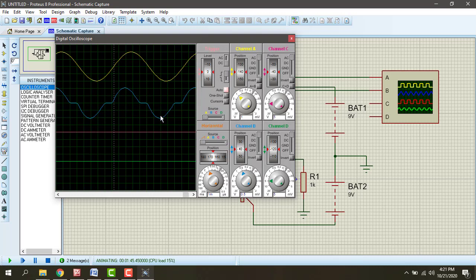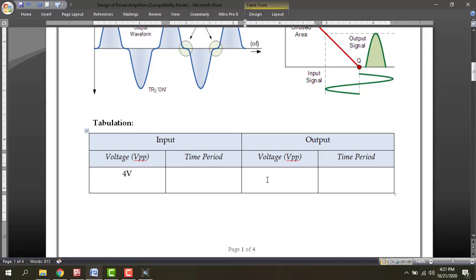So 2.1, 2.1, 4.2, and here the multiplier is 0.5 in channel B. So 4.2 into 0.5, my voltage is 2.1. My input voltage is 4 volt, my output voltage is 2.1 volt, because this class B amplifier never amplifies the voltage, it amplifies only the current.